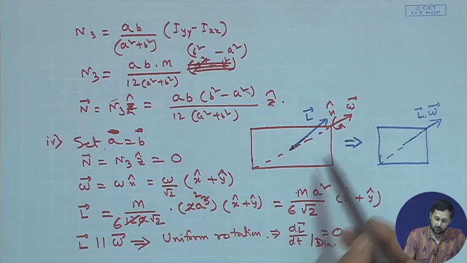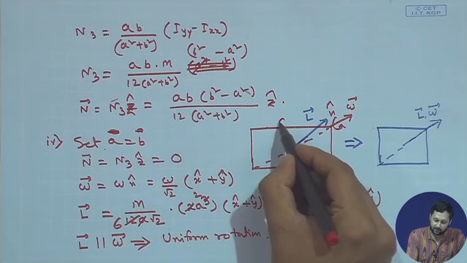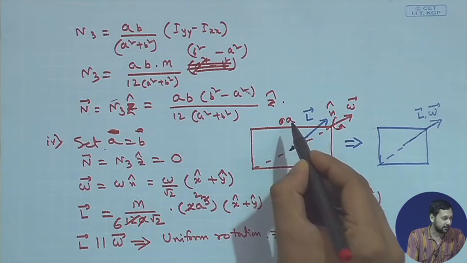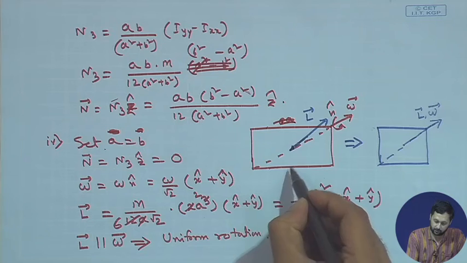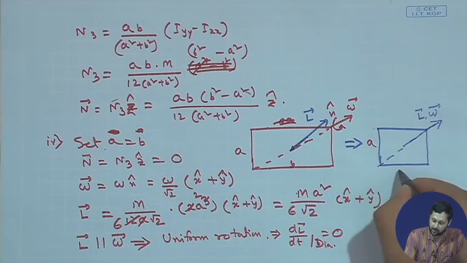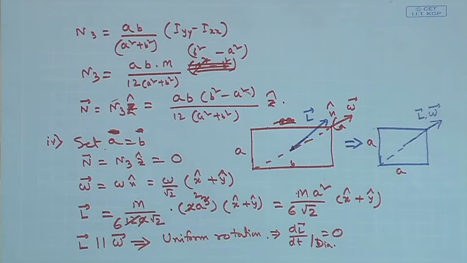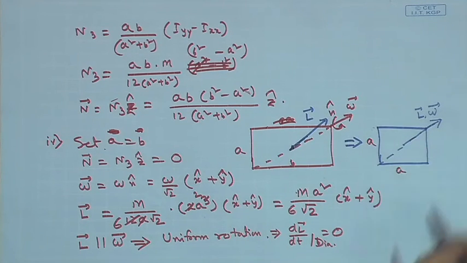To maintain the uniform rotation, we needed torque only when the sides, this is B and this is A, are such that A is not equal to B. At the moment we have both the sides as A and A, the torque requirement also vanishes, and all that indicates that the diagonal also becomes a principal axis of rotation.